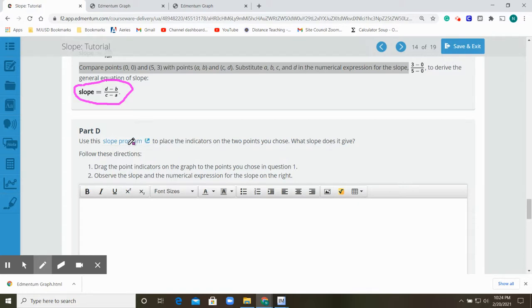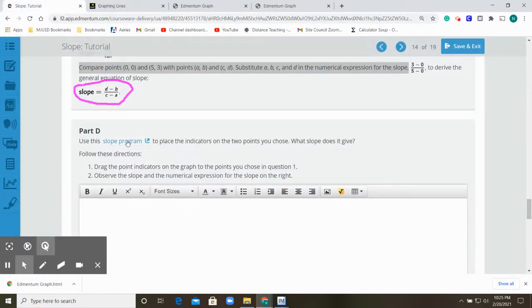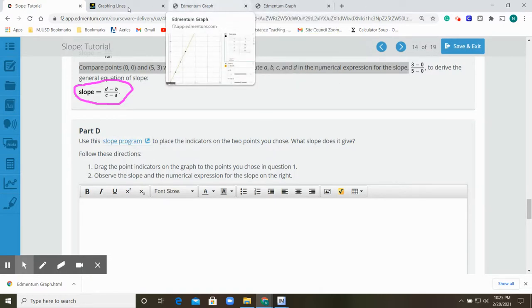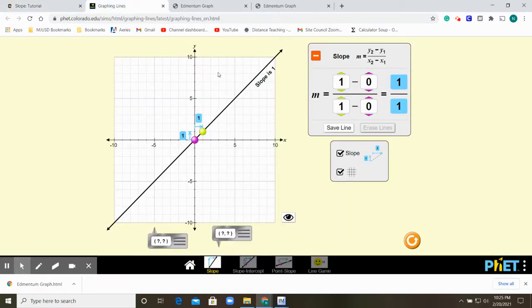Slope diagram. Use the slope diagram tool to place the indicators on the 2 points you chose. What slope does it give? All right, so when you click on the slope diagram, it opens up in this and you click on slope, and then we can input the numbers.